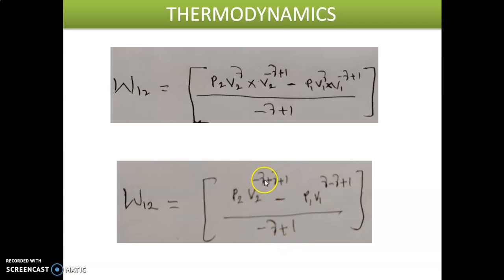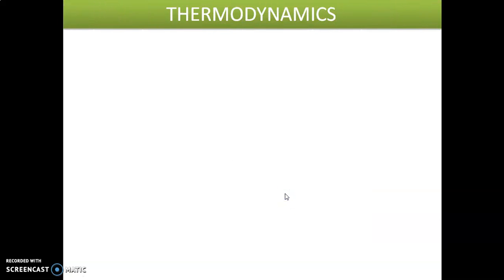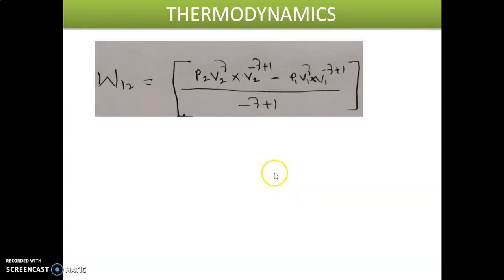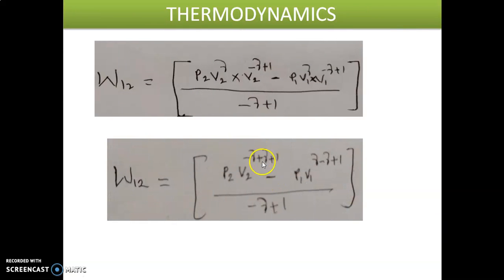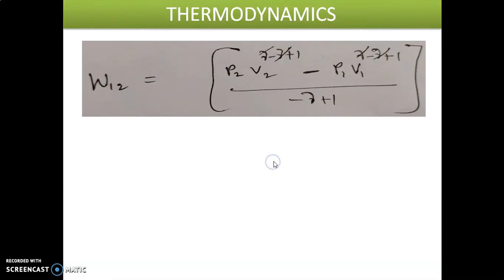So here minus gamma plus gamma gets cancelled. Similarly, here also plus gamma minus gamma gets cancelled.